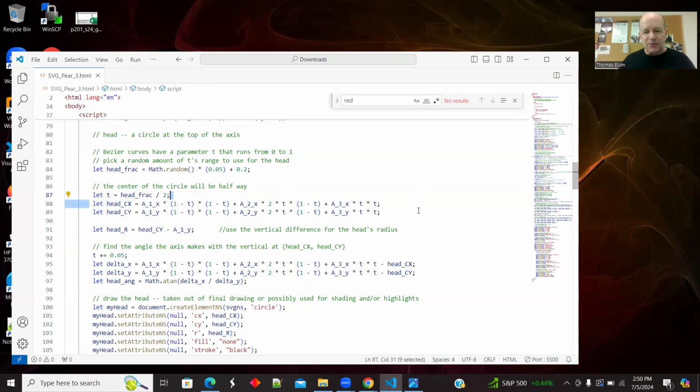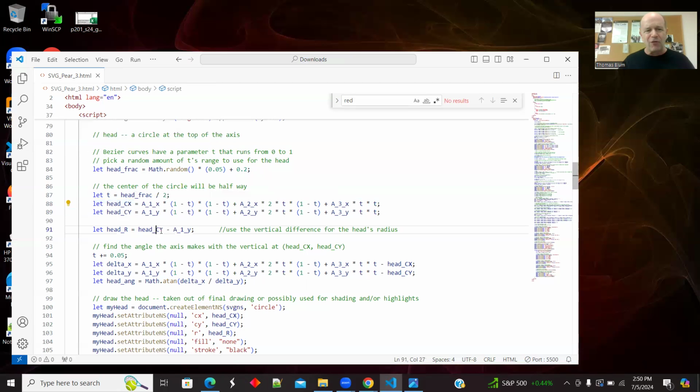And I'm actually playing the Bezier game explicitly. So it's (1 minus t) squared times the first number plus 2 times t times (1 minus t) for the middle number and t squared for the final number, and do that for x and y. So that's finding me my center point for the head.